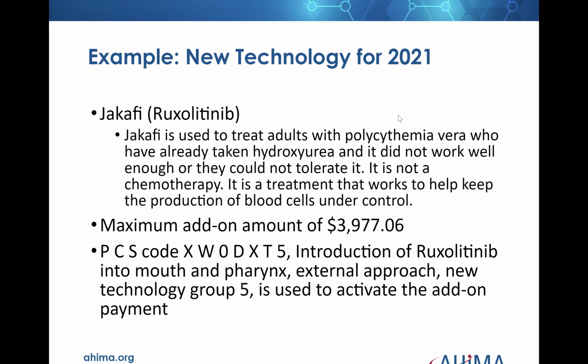And of course, there's a PCS code that we probably will introduce in 271. It's the introduction of this medication through the mouth and pharynx, external approach, new technology group 5, used to activate the add-on payment. So if you don't have that PCS code, the hospital will not receive the add-on payment.